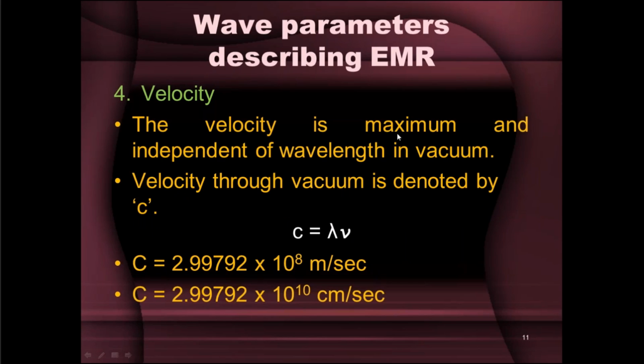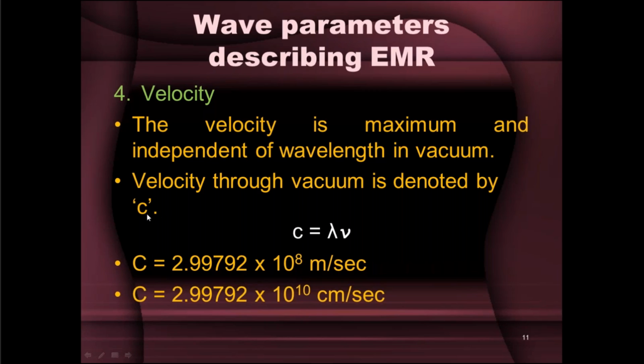So the velocity would be maximum in vacuum, and in vacuum the velocity becomes independent of wavelength. In other words, all electromagnetic radiation, whatever the wavelength, whichever region they belong to, have one maximum velocity in vacuum.